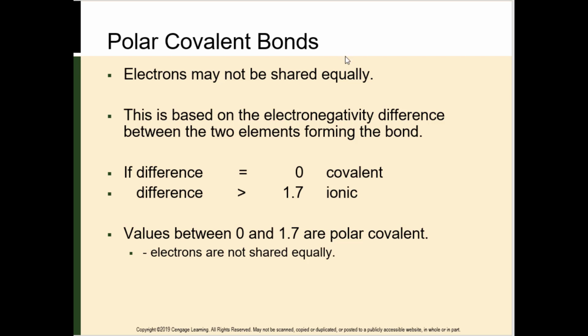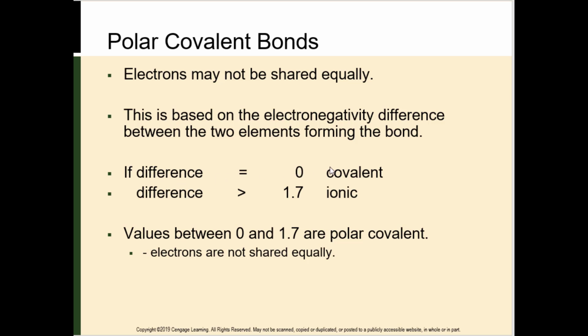Bonds that are polar are that way because not all atoms hold onto their valence electrons with that same force or take on additional electrons with equal ease. So electrons are not being shared equally between those nonmetals. We know this by looking at the electronegativity differences between two elements that are forming the bond.